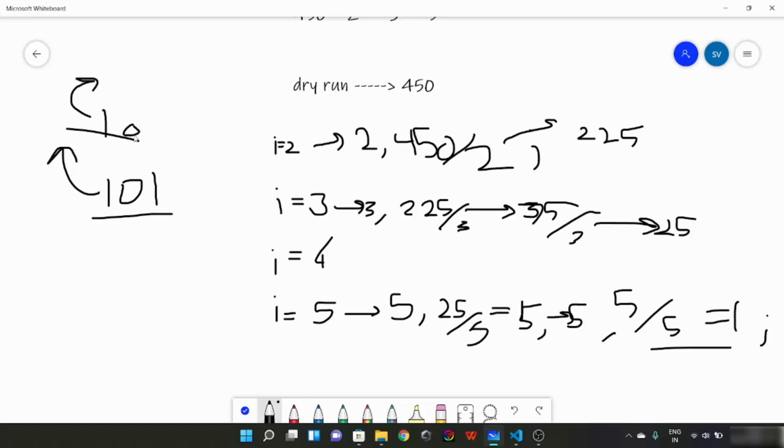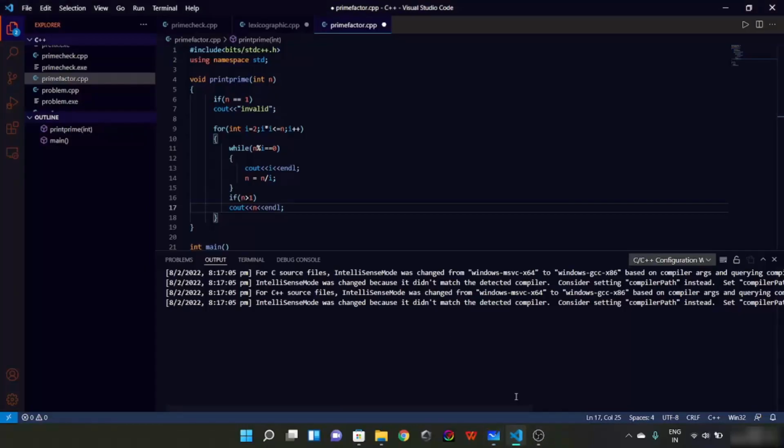So from 2 to 10, there is not going to be a prime factor of this number. Hence, our n would be unaltered and it is going to be only this. So we just said that if n is greater than 1, we're just going to print that number. Okay, so that is how this code is going to work, right?